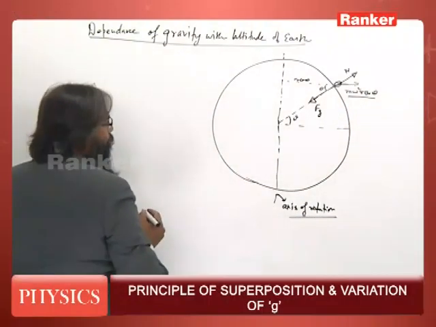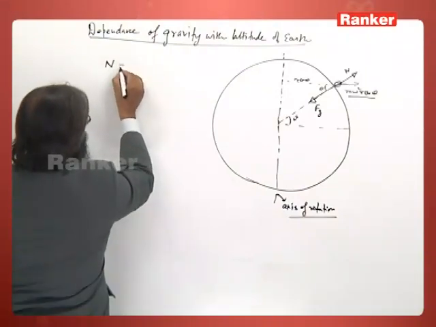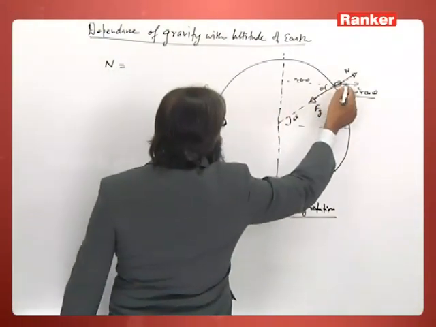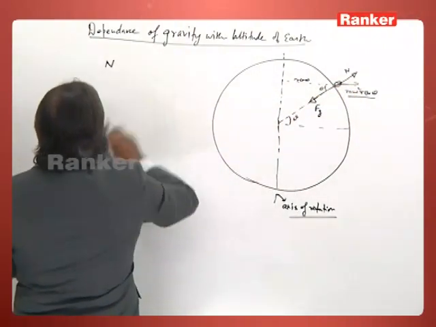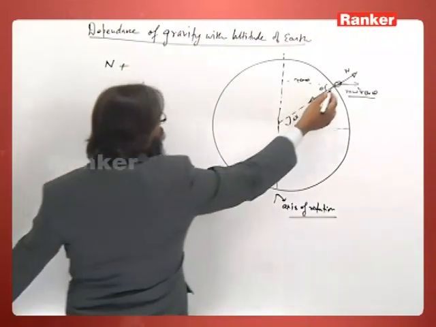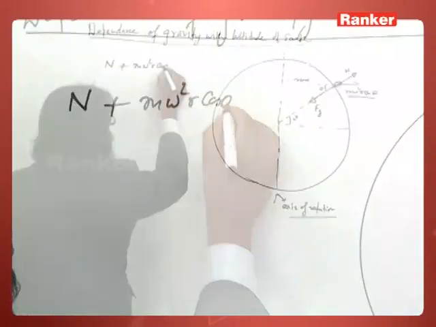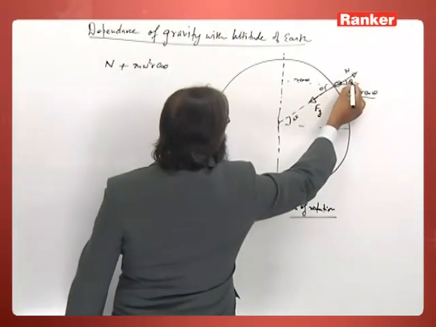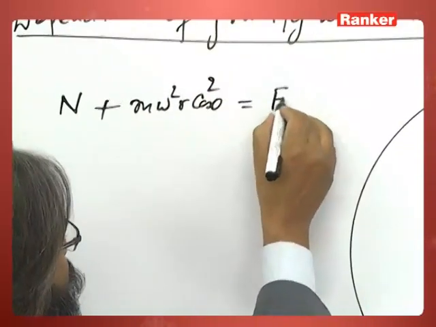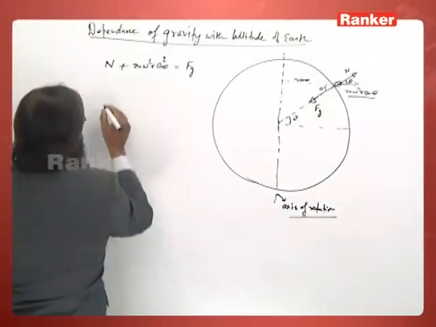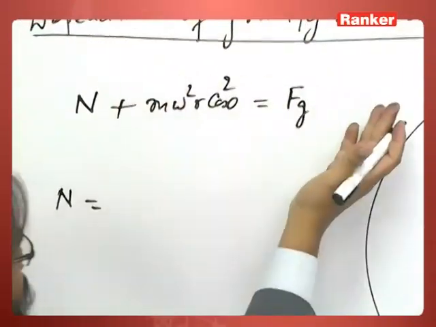So you see here, N is equal to N together with the component of this, that is m omega square r cos theta. Then this angle is also theta. So again cos theta, so cos square theta. I will write then N, the force due to gravity I will bring to this side.